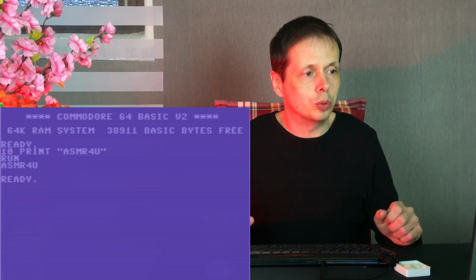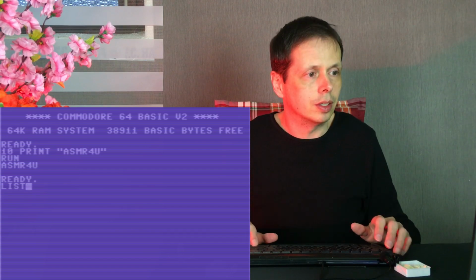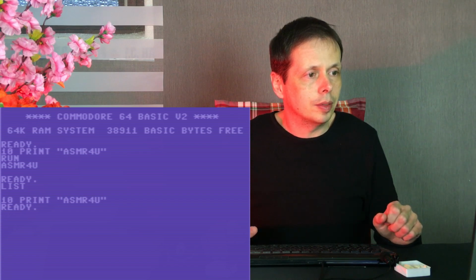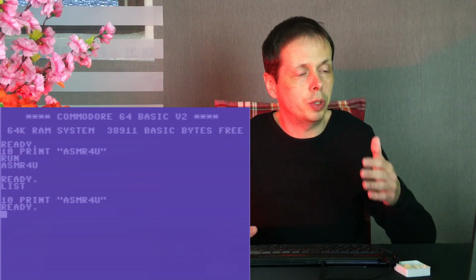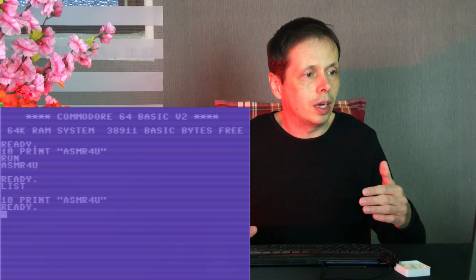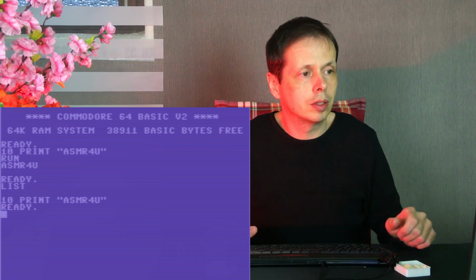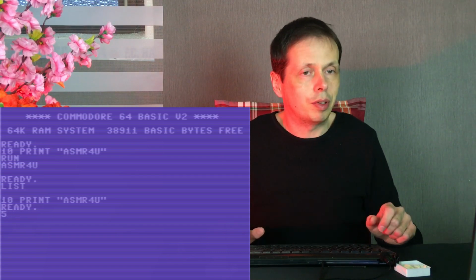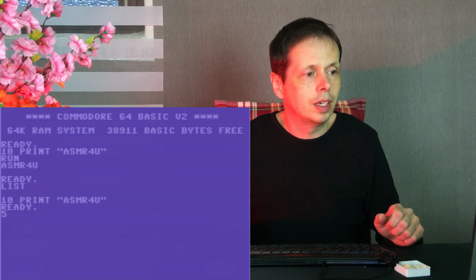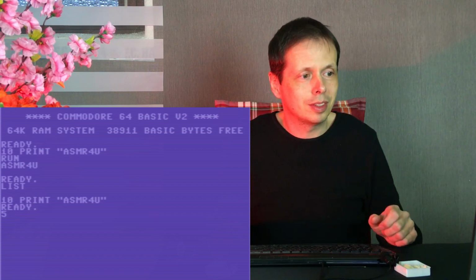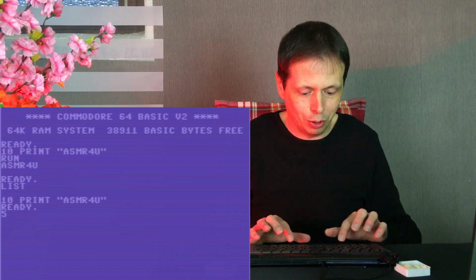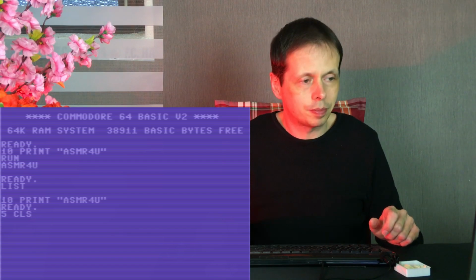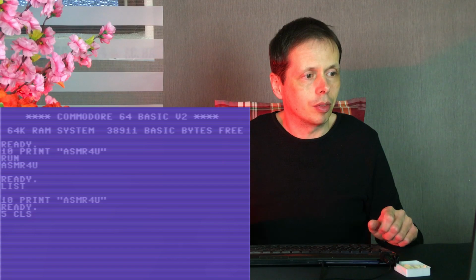If you want to edit, you can list, and as you can see, we have not a new screen. The ASMR for you is under the run command, and now we can go here with 5, so it's before the 10. In some BASIC versions you only have to write CLS for clear screen, but it doesn't work.